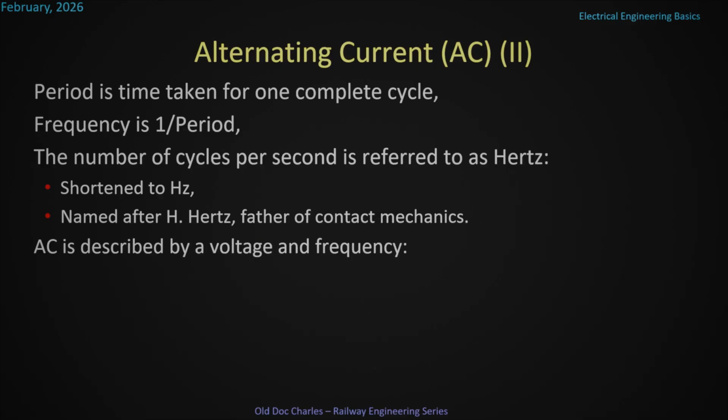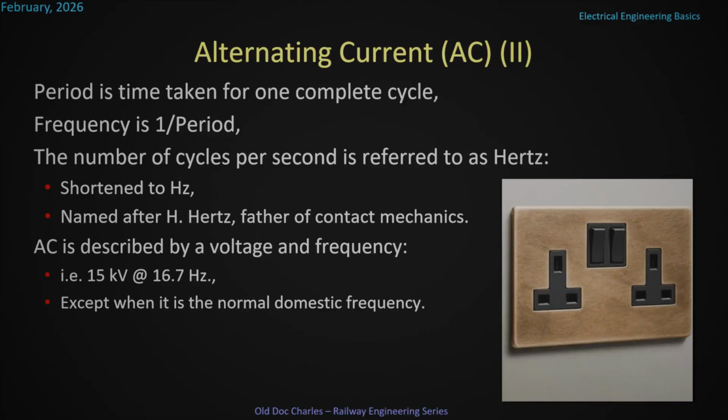When we talk about AC, we describe it by using both a voltage and a frequency. For example, 15 kilovolts at 16.7 hertz, which is a common electrification voltage in parts of Europe. Except when it's the normal domestic frequency, and then we just say it's 230 volts or whatever it is that comes out of your normal plug at your house.